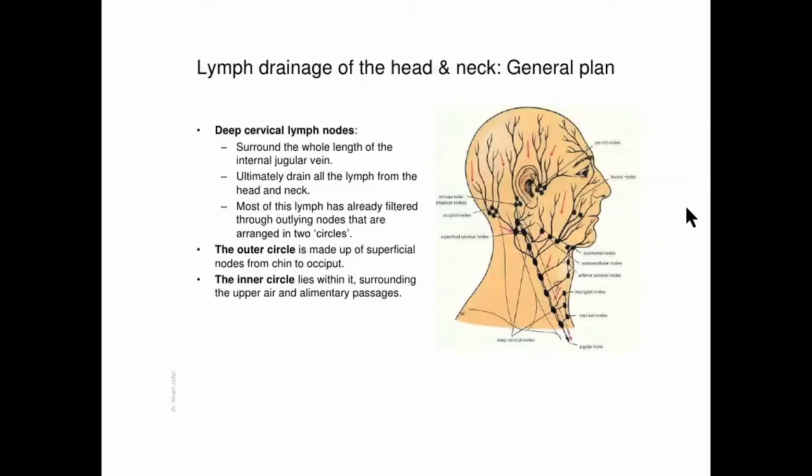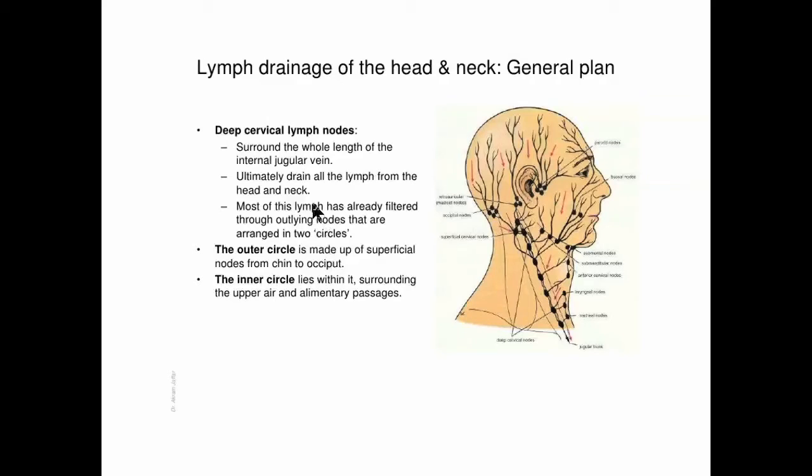So just to reemphasize a little more, the lymph drainage of the head and neck, because this becomes very important, specifically in the setting of lymphatic vascular malformations, which as isolated lesions preferentially affect the head and neck. We recognize that we have these deep cervical lymph nodes that surround the length of the internal jugular vein and ultimately drain all of the lymph from the head and neck.